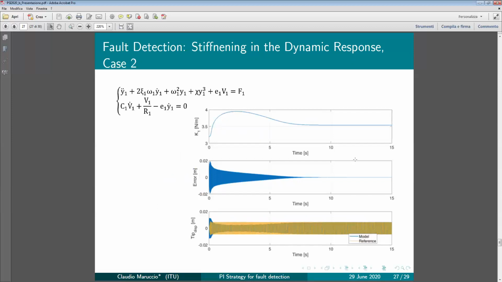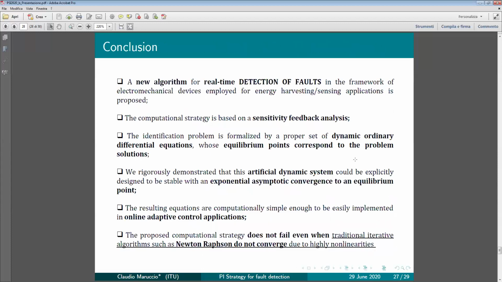Finally, this is instead a nonlinear system due to faults in the structure that presents Duffing type nonlinearities. And again, we are demonstrating that the parameter identification procedure is able to capture after 5 seconds the new value of stiffness after a fault has appeared.